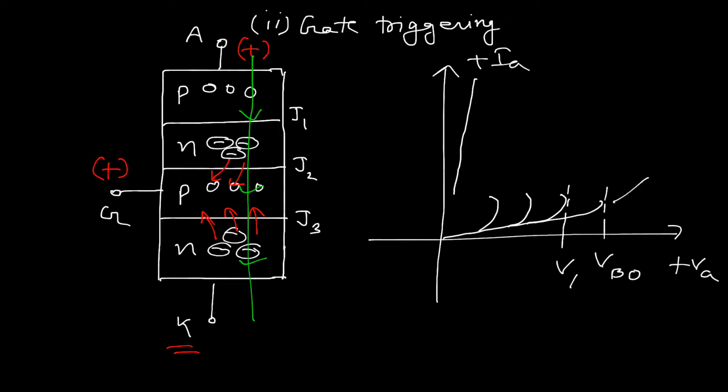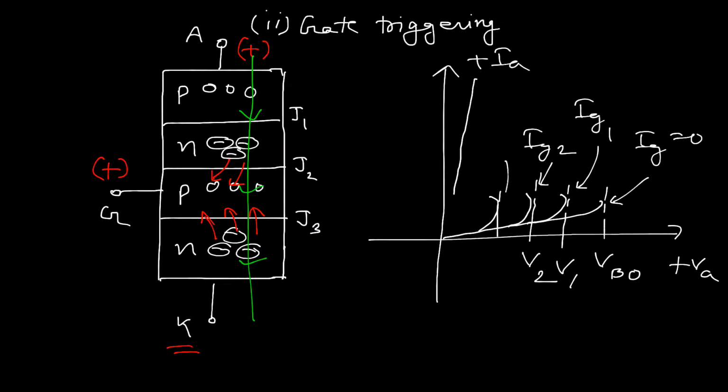In the first case, Ig was 0, the maximum breakover voltage. Next, if we increase to Ig1, then the breakover voltage is V1. Similarly, if we increase again to Ig2, the breakover voltage is V2. In this way, if we increase the gate current, the breakover voltage decreases.